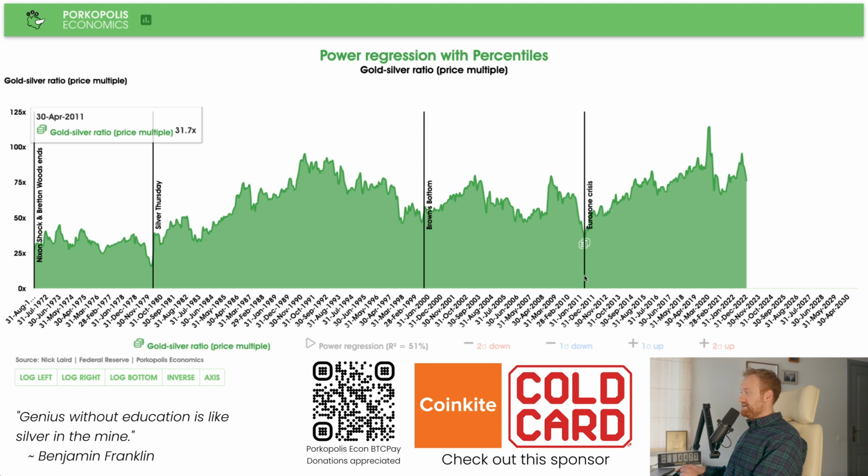Here, 30 years later, during the Eurozone crisis, the ratio is double. So silver is only half as valuable relative to gold as it was back in 1980 when the Hunt brothers were trying to corner the market. So even though $50 silver looked great in 2011, it was half as good as 1980 relative to gold.